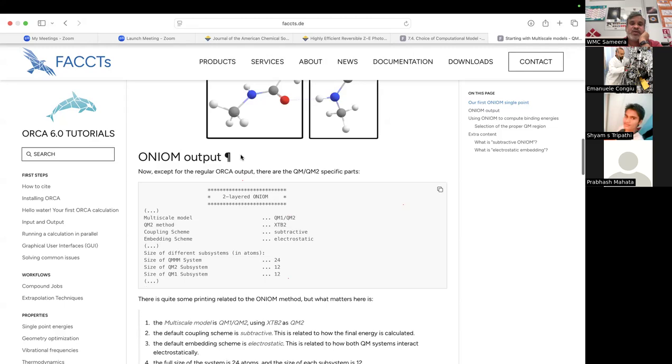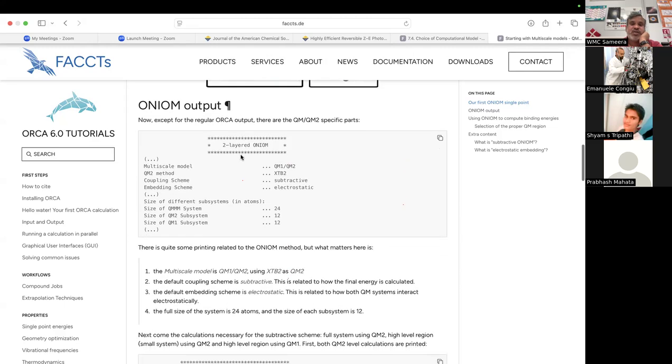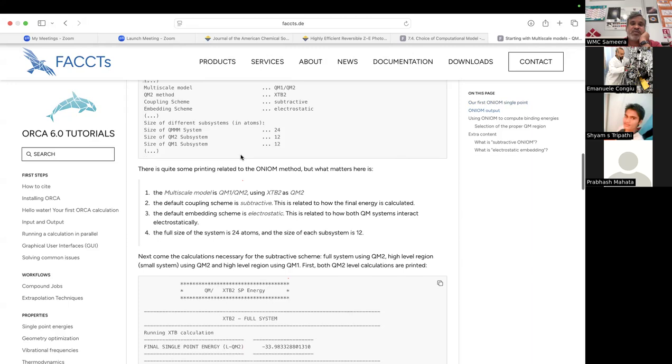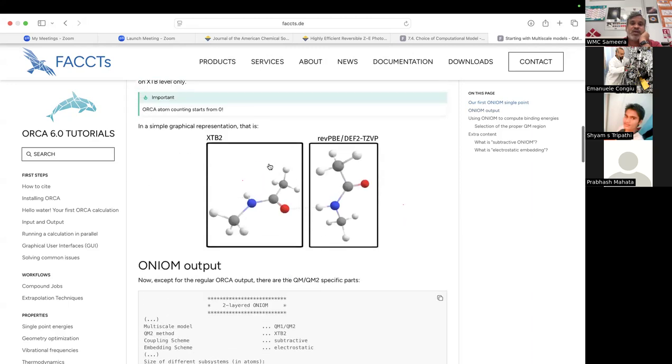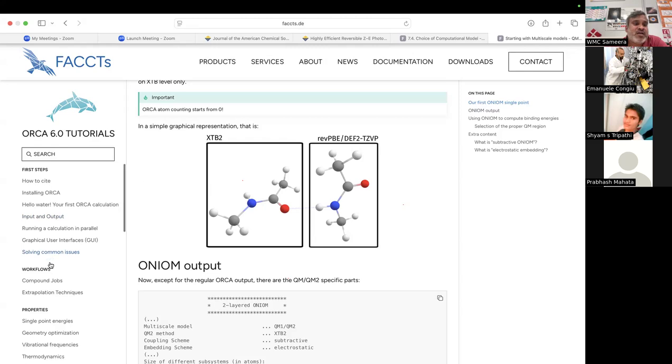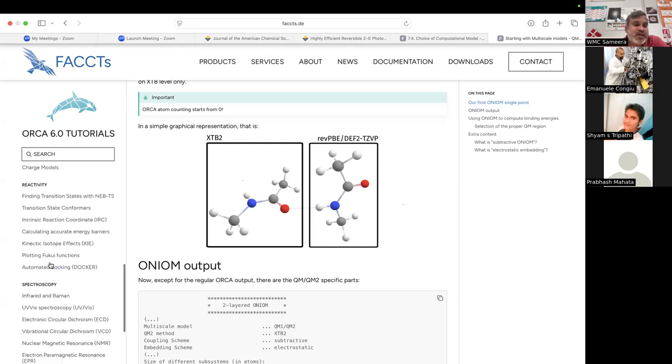And then you can simply run this computation. This is called the multi-scale model because we are using two different methods to describe relatively large molecular systems. So this is obviously not very large. It is very simple, but this is only for practicing, okay?